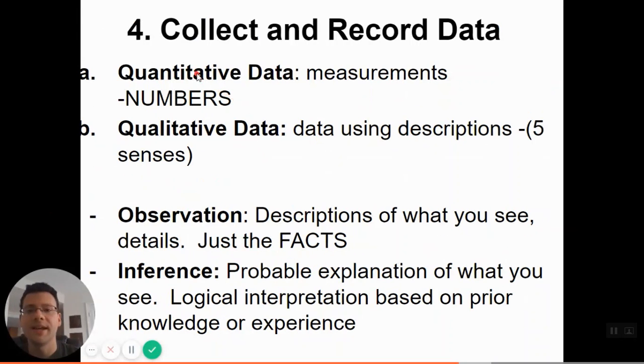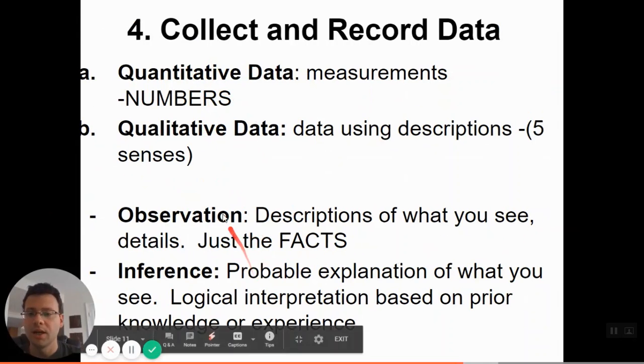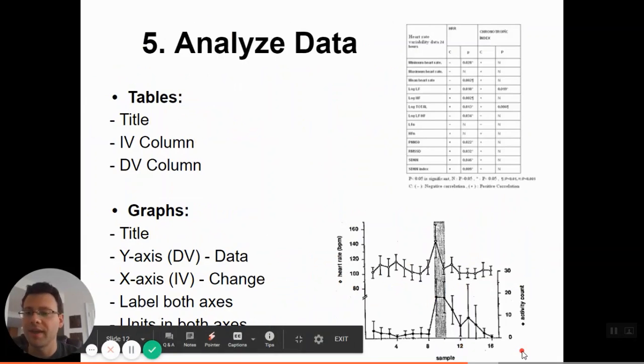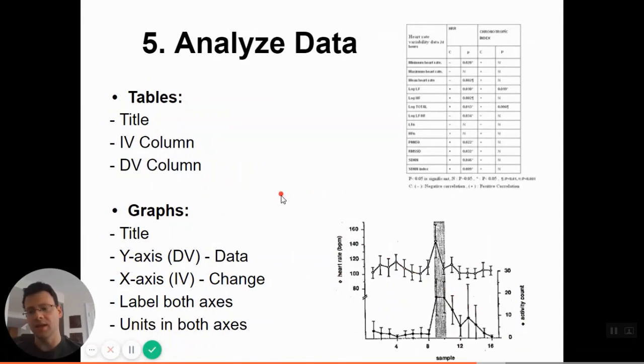All right, quantitative versus qualitative data, I think that's pretty self-explanatory. Observations versus inferences, again, pretty self-explanatory. I'm going to skip that. Analyzing data, you will probably not be graphing too much because you're just not in class with paper, you're doing it virtually.